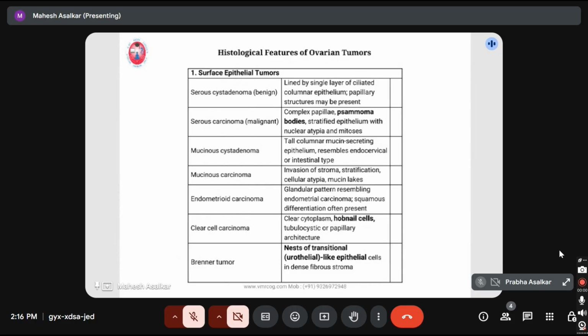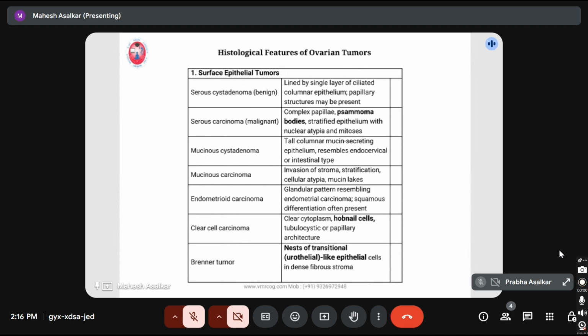Squamous differentiation often present. Another important is clear cell carcinoma. Here you remember about Hobnail cells. You can take the photograph of this particular slide so that everything will be easily accessible to you. In clear cell carcinoma, you will have clear cytoplasm, Hobnail cells, tubulocystic or papillary architecture.